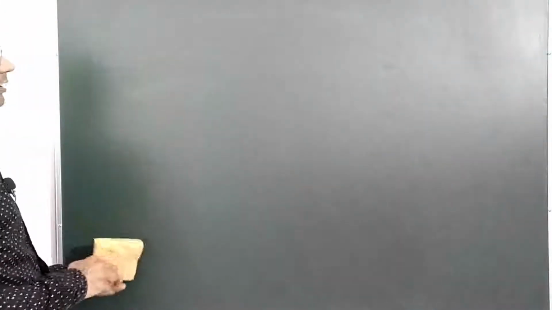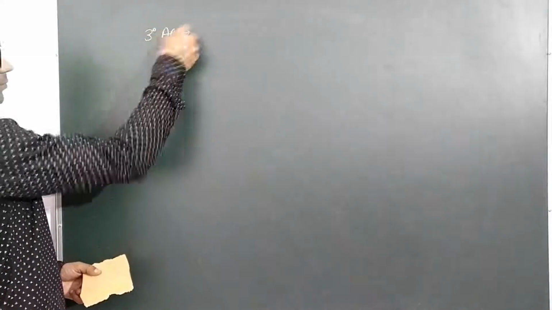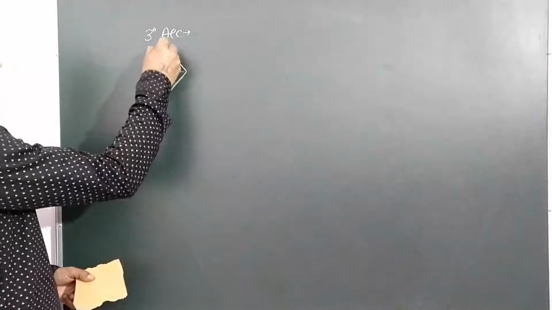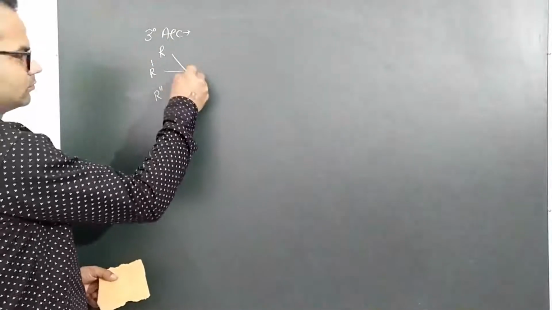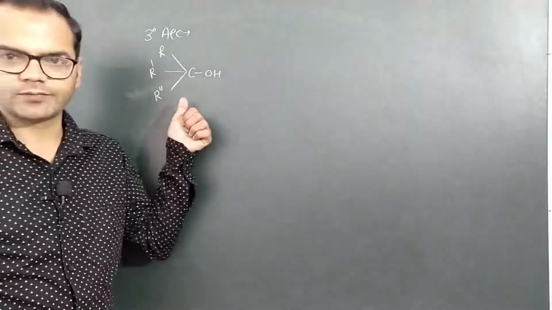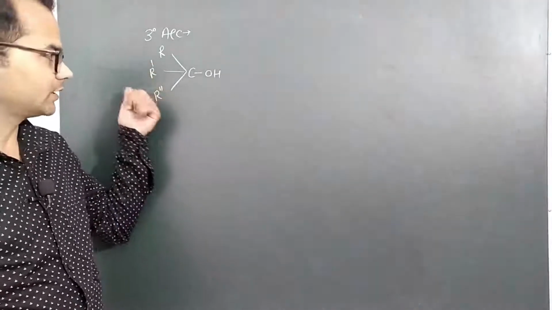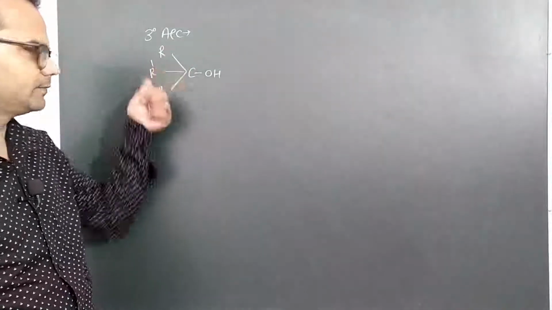First with tertiary. So this is our tertiary alcohol. Three alkyl groups are attached, and we can define tertiary alcohol also as the functional group containing carbon being surrounded by 3 carbons.